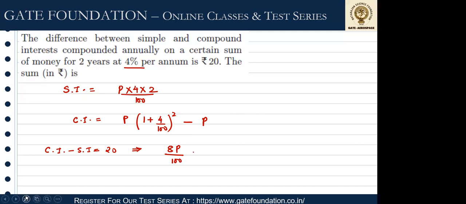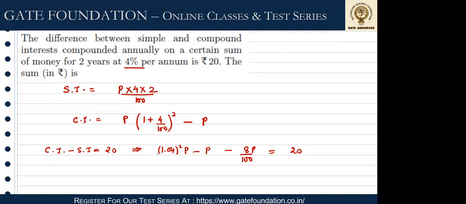Sorry, not 8p by 100. This will be 1.04 square P minus 8p by 100, and this whole thing is equal to 20 rupees.